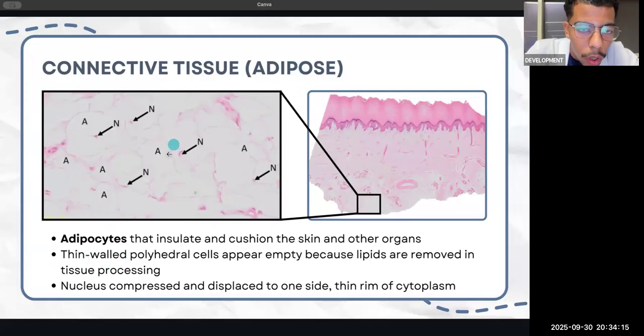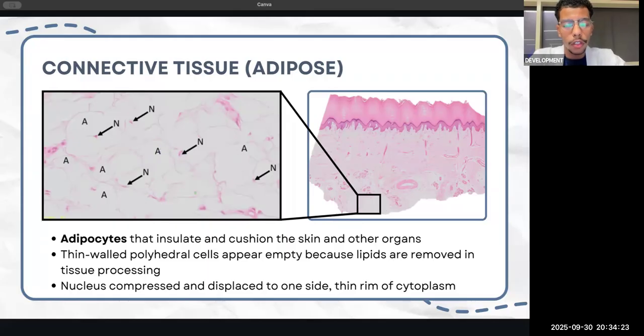Can you guys see how thin the walls are? Now, why is that? Because adipocytes are basically fat cells. However, when we prepare the slide, when we process the tissue itself, all the fat gets washed off. That's why it appears empty or white to us. So whenever you see white cells with a thin cytoplasm, a thin outer part, that is called what?